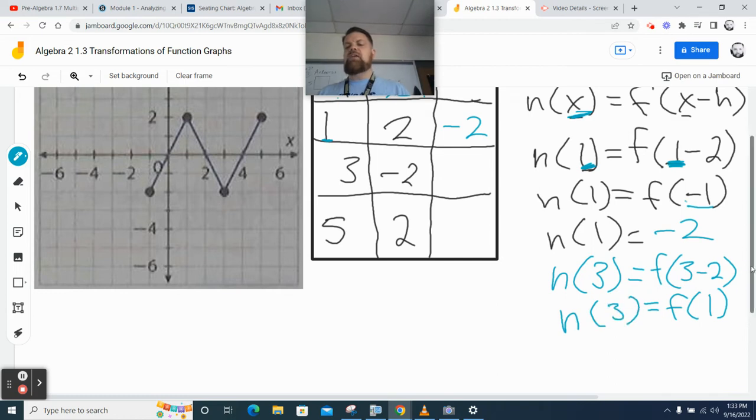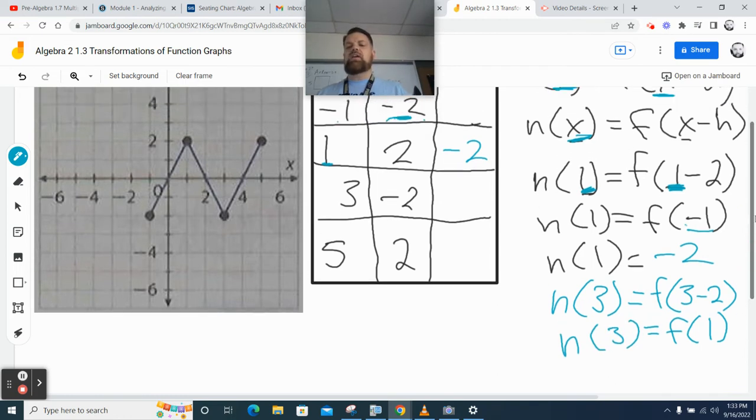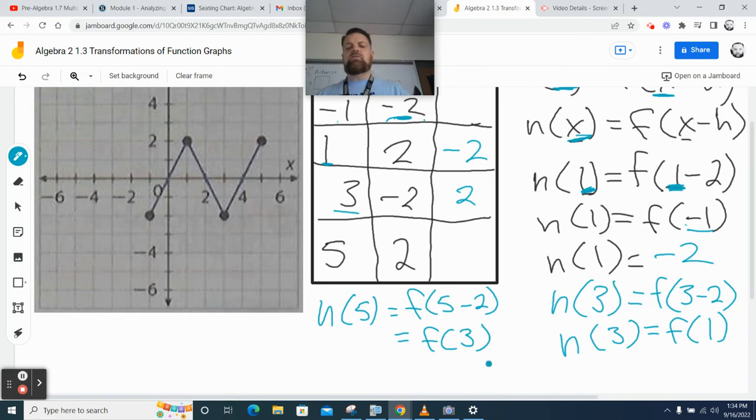Well, what's the y value when x equals 1? 2. Let's do n of 5. So n of 5 is equal to f of 5 minus 2, which is equal to f of 3. So that means we're going to go where x equals 3, right? And it'd be negative 2.